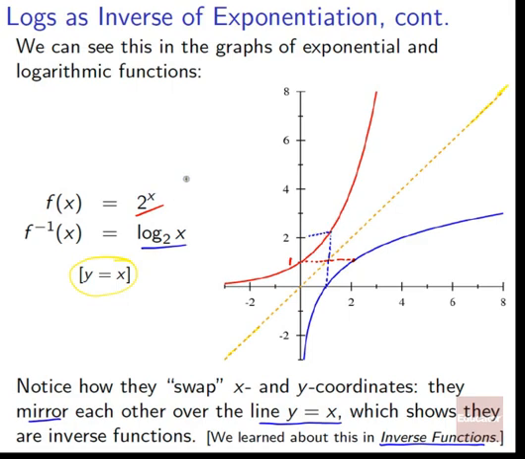So for this one, we've got 1, 2. But for the blue one, we've got 2, 1. They flip x and y locations, and that's going to be true wherever we go on this, because they mirror across y equals x. Their x and y locations swap, showing us that they're inverses.